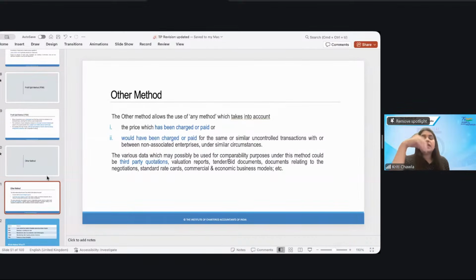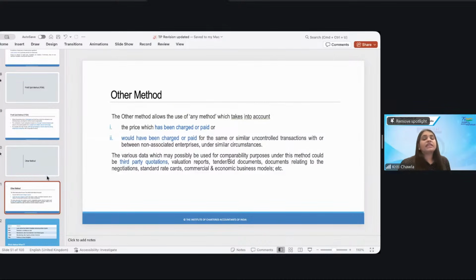So the other method allows the use of any method which takes into account the price which has been charged or would have been charged or paid for similar or same uncontrolled transactions with or between non-associated enterprises under similar circumstances.